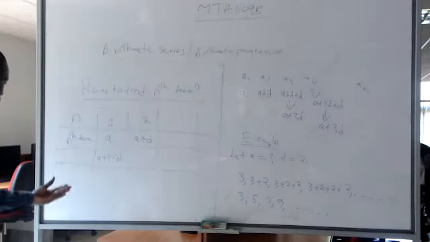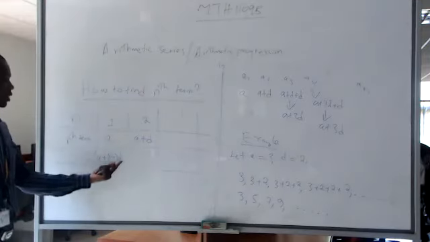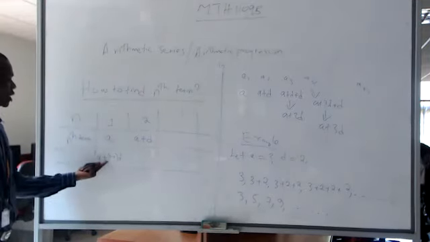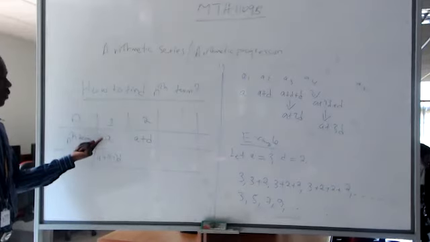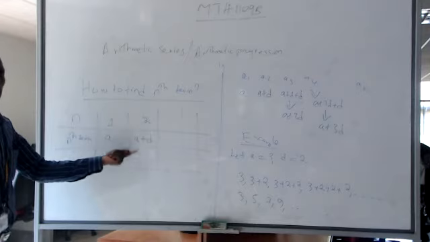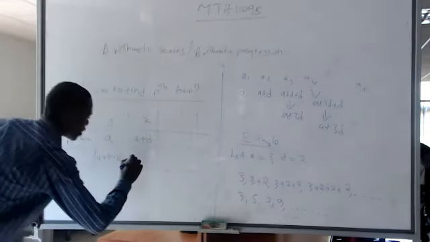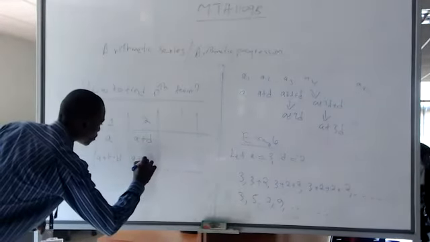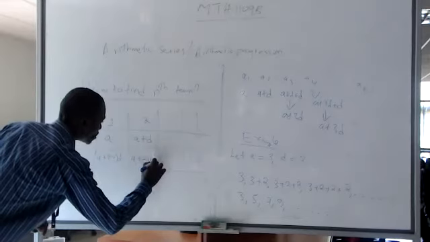Well, 1 minus 1 is simply 0. So 0 times D is 0, and A plus 0 is still A. I could write the second term as A plus 2 minus 1 times D.